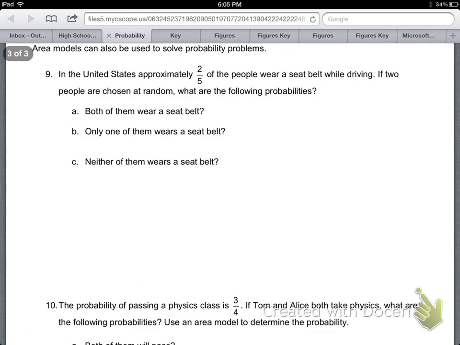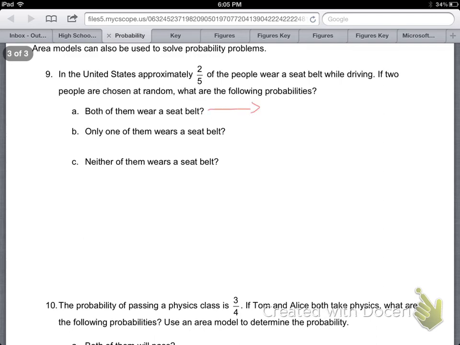Number 9. In the U.S., approximately 2 out of 5 people wear a seatbelt while driving. That's very bad. Anyways, if 2 people are chosen at random, what are the following probabilities? It says, what happens if they both wear seatbelts?